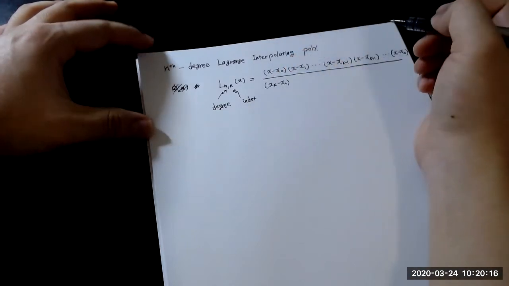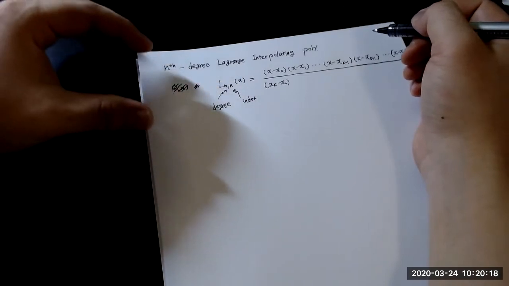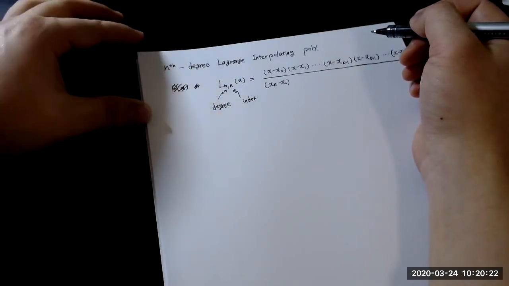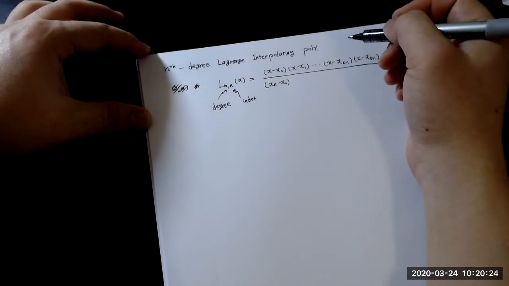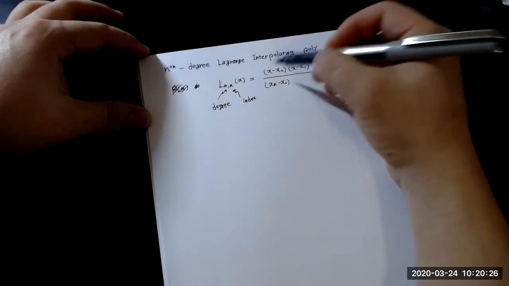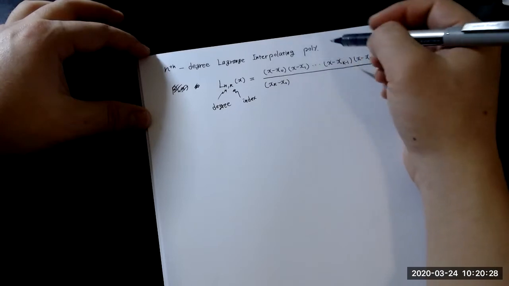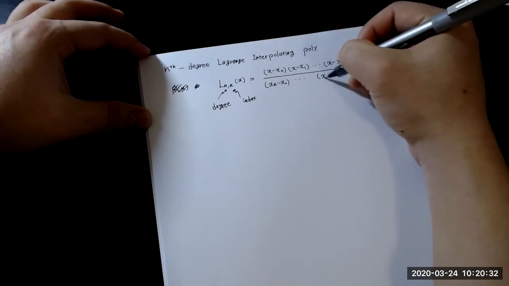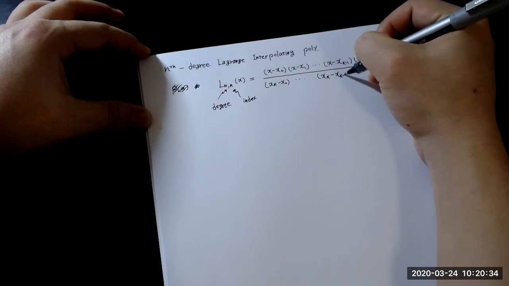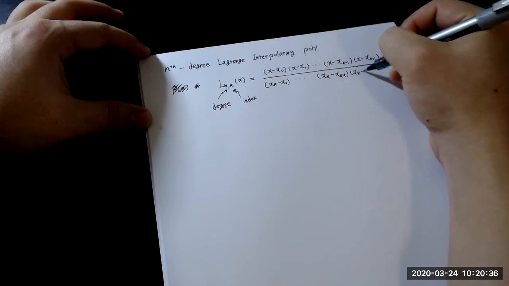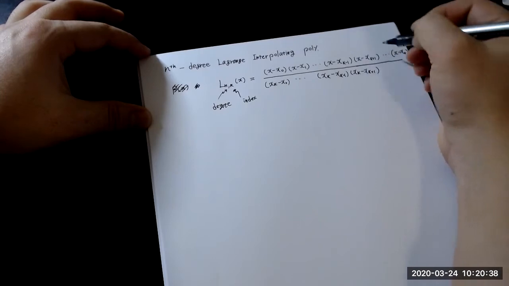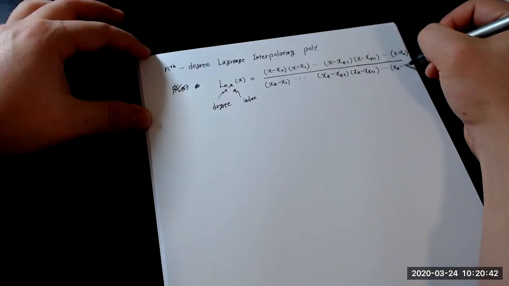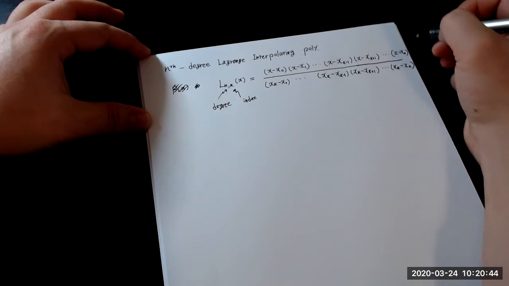Pretty much the denominator has the same form as the numerator, but we replace the x with xk. So through xk minus x_{k-1}, xk minus x_{k+1}, through xk minus xn.